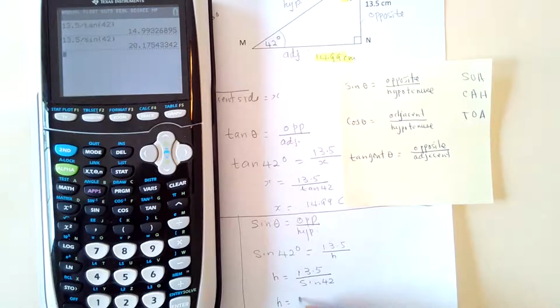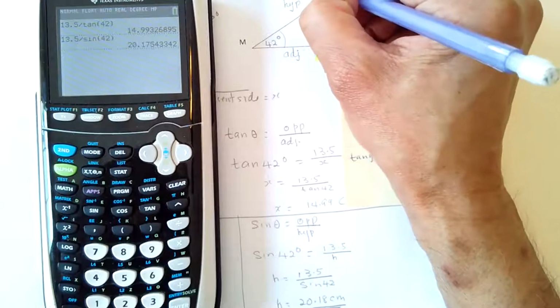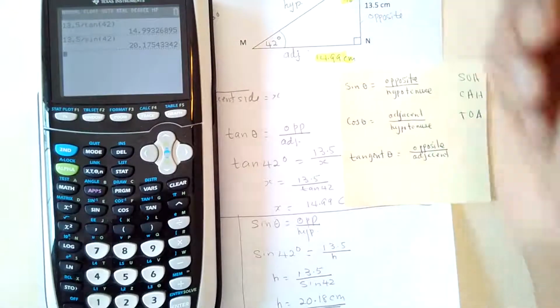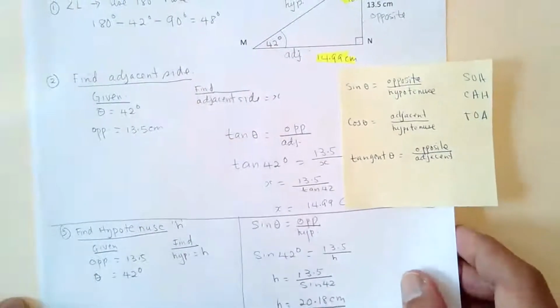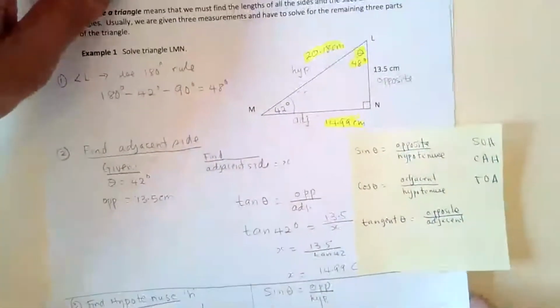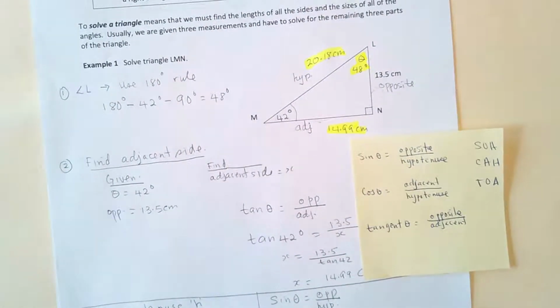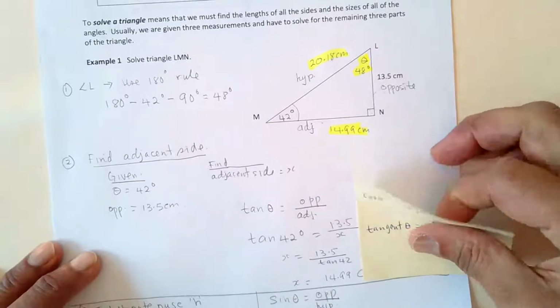So we can round that to 20.18 centimeters. So that's going to be 20.18 centimeters. So here we are. We found all the missing angles and sides of this triangle. Okay, let's look at example 2.